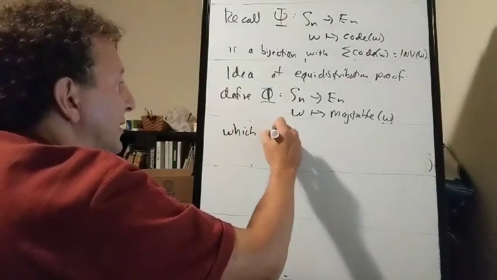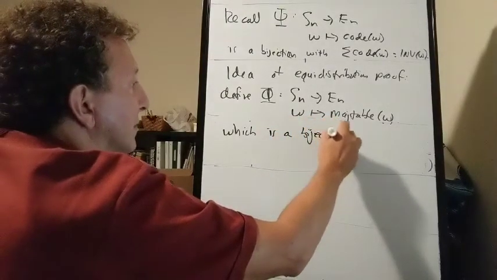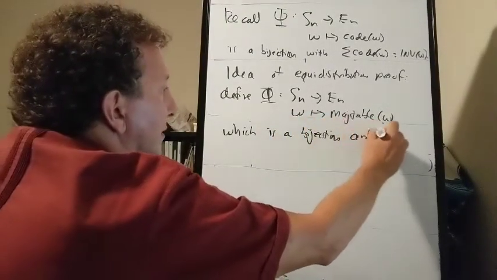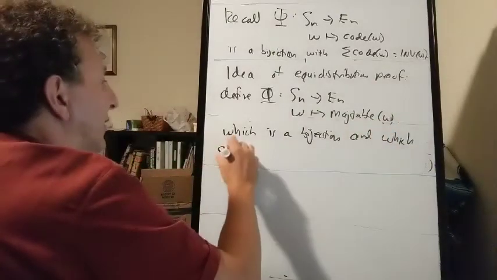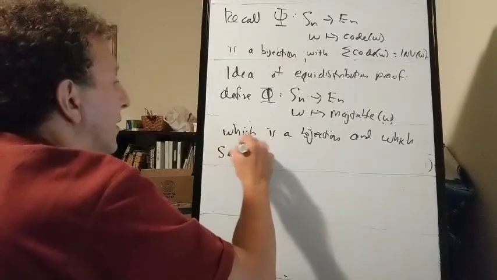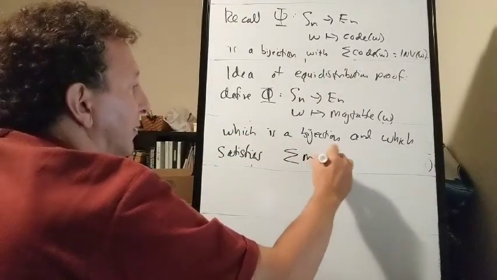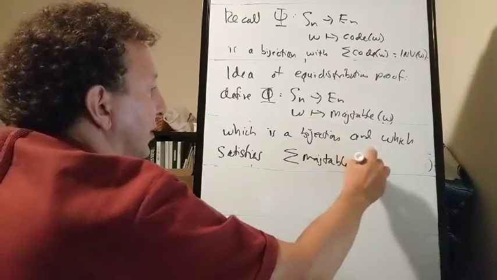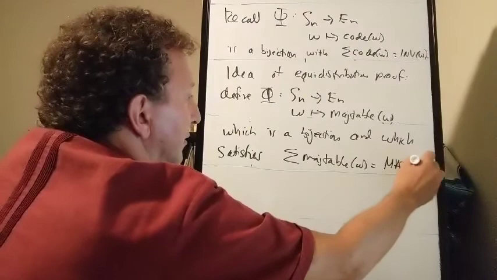And make sure this is a bijection. And make sure it satisfies that the sum of the letters in the major index table of W equals the major index of W.